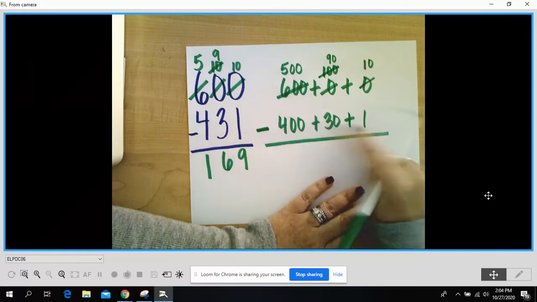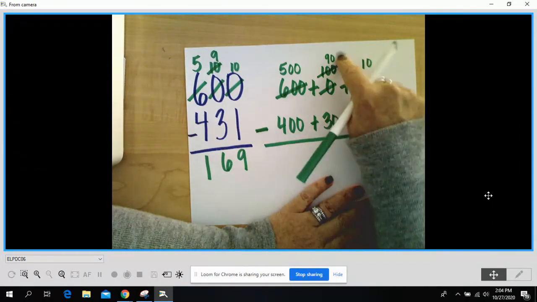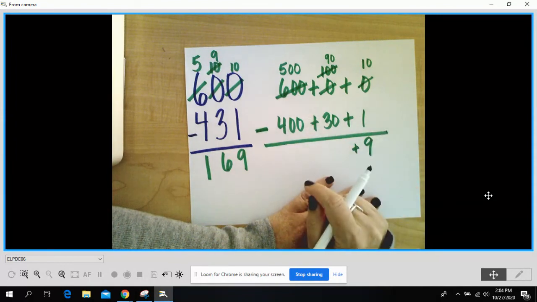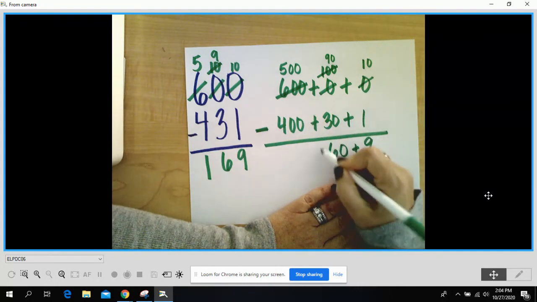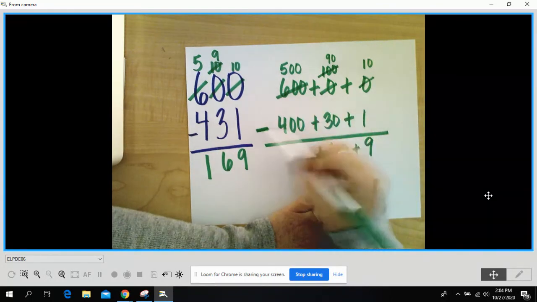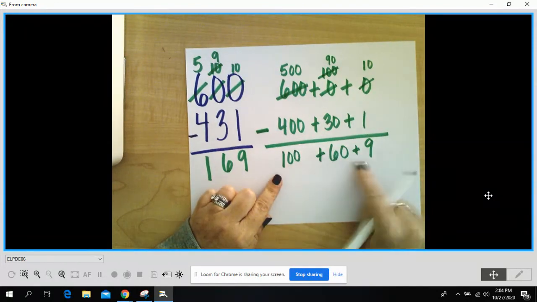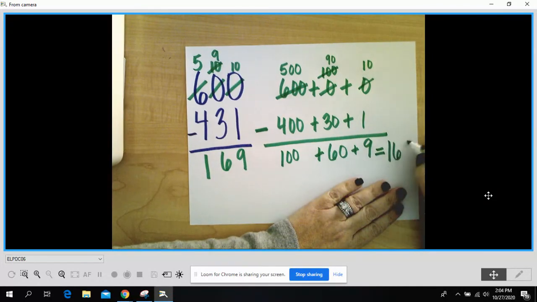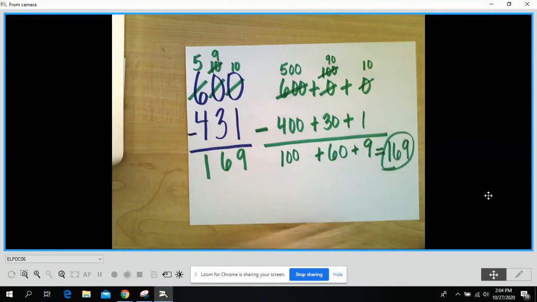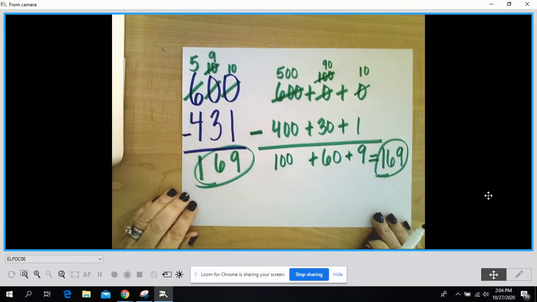So 10 minus 1 is 9. 90 minus 30, well, I can think of it as 9 minus 3, which is 6, and then 90 minus 30 would be 60. And finally, 500 minus 400 is 100. I take this answer that's in expanded form, and I put my values back together, and you can see I have 169, just as I have it here, solving it this way.